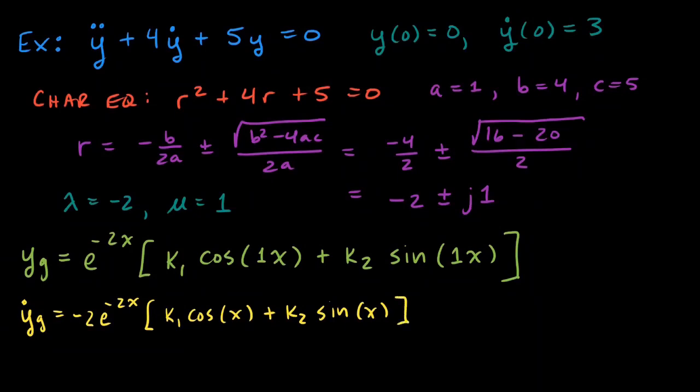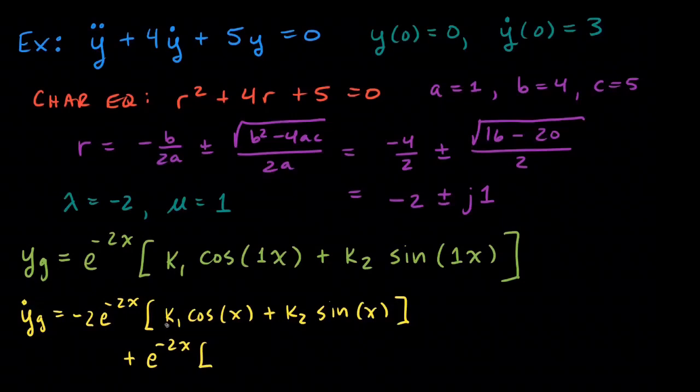All right, so that's the first part of the derivative. That was the derivative of the first term times the second, plus the first times the derivative of the second. So plus e to the minus 2x times the derivative of the second.